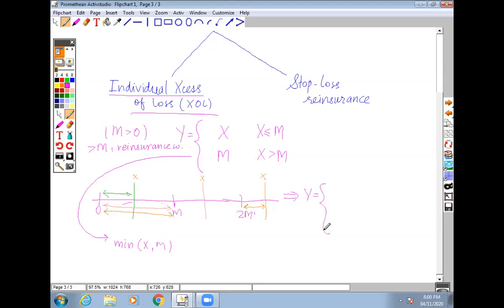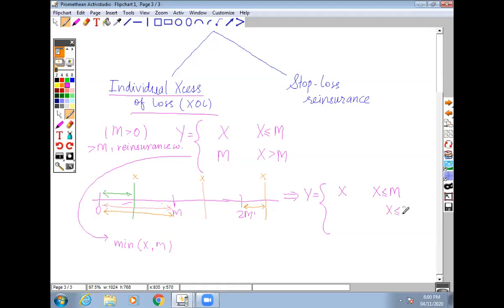The kind of things that I have to look at now are X less than or equal to M. What should I write here? X. Oh, sorry, I thought you were asking about the number associated with it. What conditions will I have now?